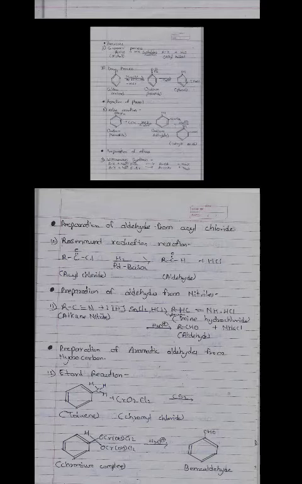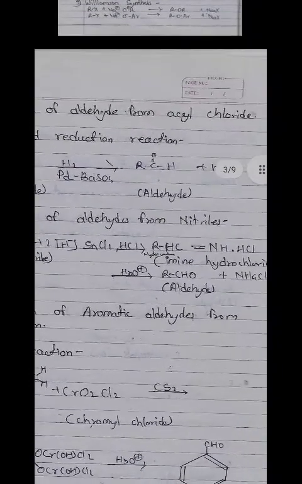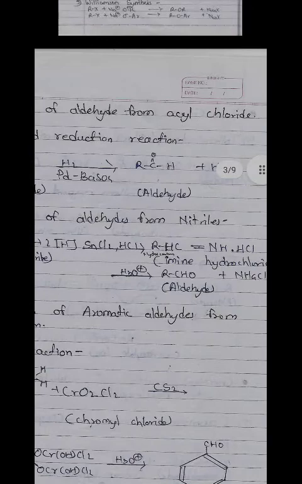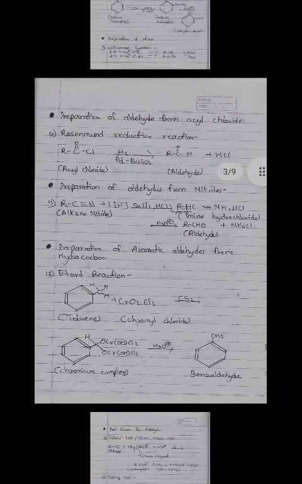So acyl chloride plus H2 in the presence of palladium and BaSO4 will give me RCHO, an aldehyde, plus HCl. So Rosenmund reduction. Reduction means addition of hydrogen and removal of oxygen.